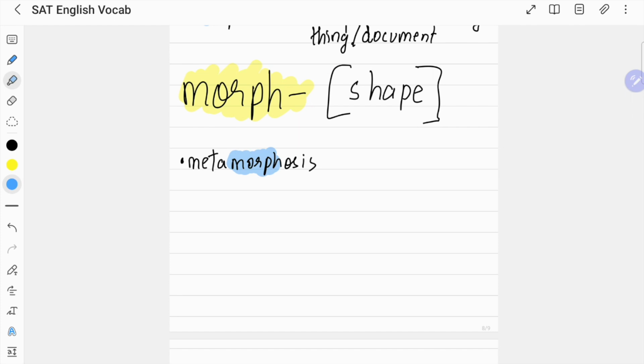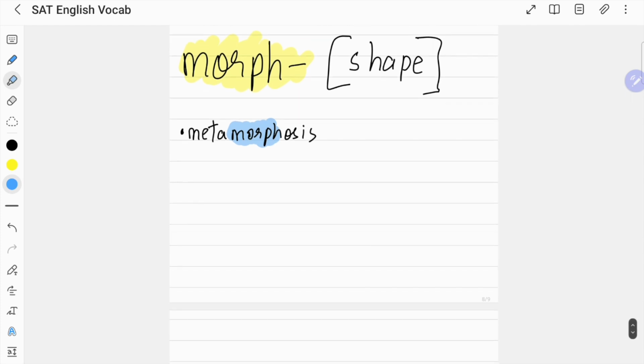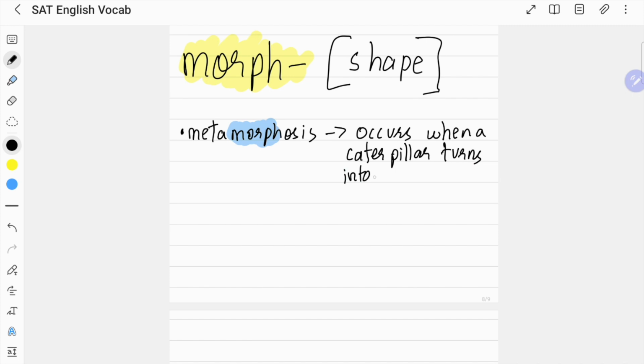It doesn't have to be a prefix. You see it's being sandwiched between meta and osis. So this means it occurs when a caterpillar turns into a butterfly.